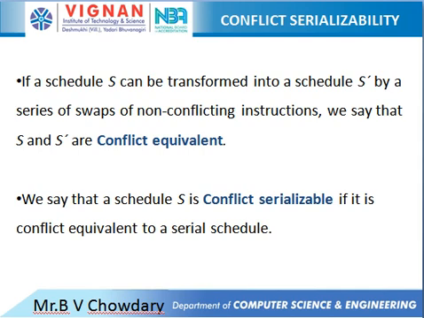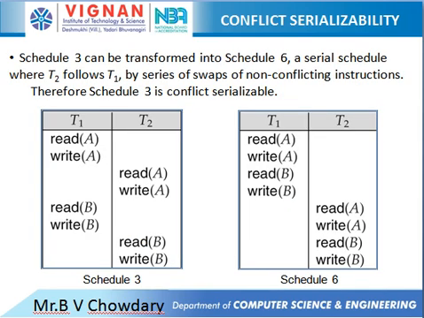You can see a small example here. There are 2 schedules, schedule 3 and schedule 6. In schedule 3 I have taken 2 transactions. Based on the non-conflicting instructions, I am going to swap T1 instructions and T2 instructions, and convert schedule 3 into schedule 6.